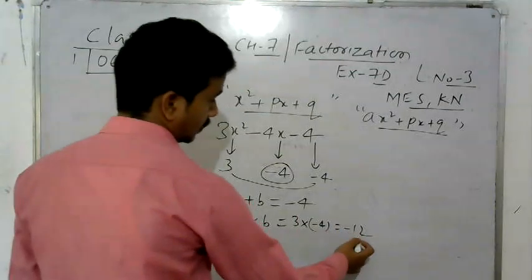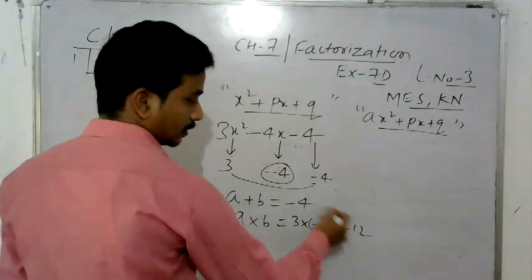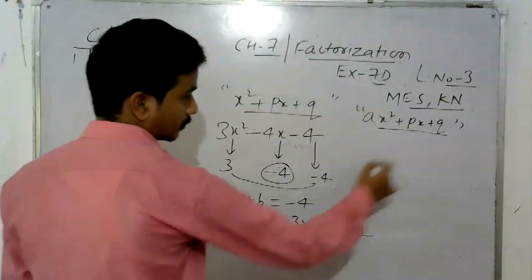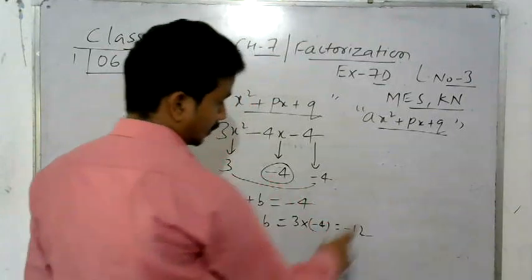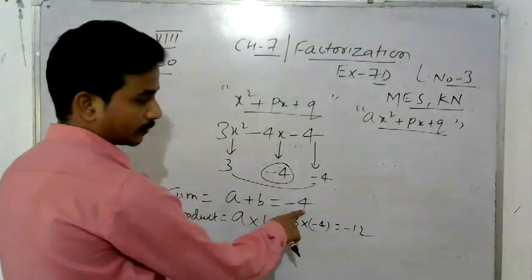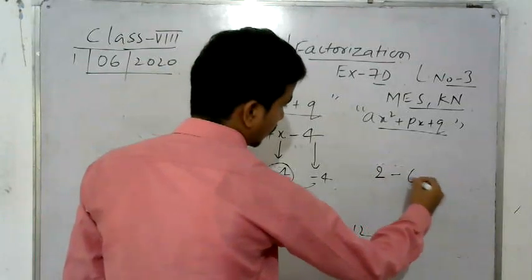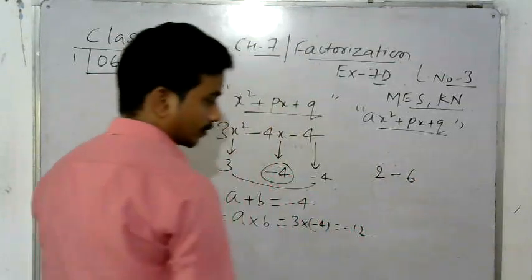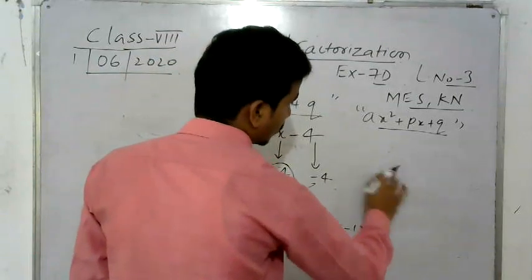Those two numbers, I think, 6 twos are 12. 6 minus 2 is 4. So I think 6 and 2 should be, you should try. 6 twos are 12 and 6 minus 2 is 4. So I think 2 minus 6. 2 minus 6 is minus 4. So those two numbers will be 2 and minus 6.